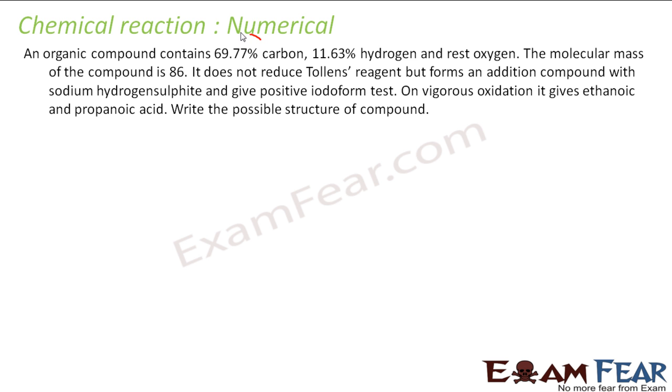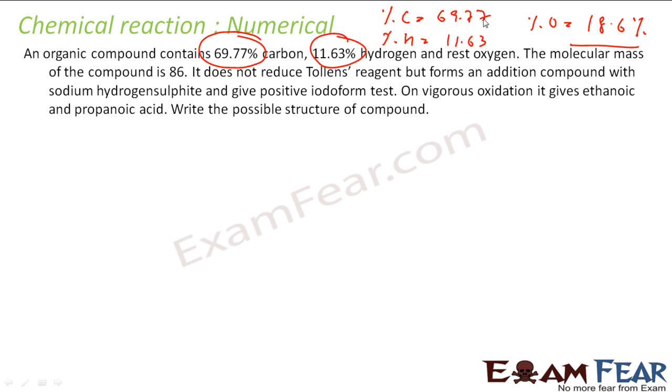The question says an organic compound has 69.77% carbon, 11.63% hydrogen, rest oxygen. That means percentage carbon is 69.77, percentage hydrogen is 11.63, given. So percentage oxygen is the rest, that is 100 minus 69.77 minus 11.63, you get 18.6%.